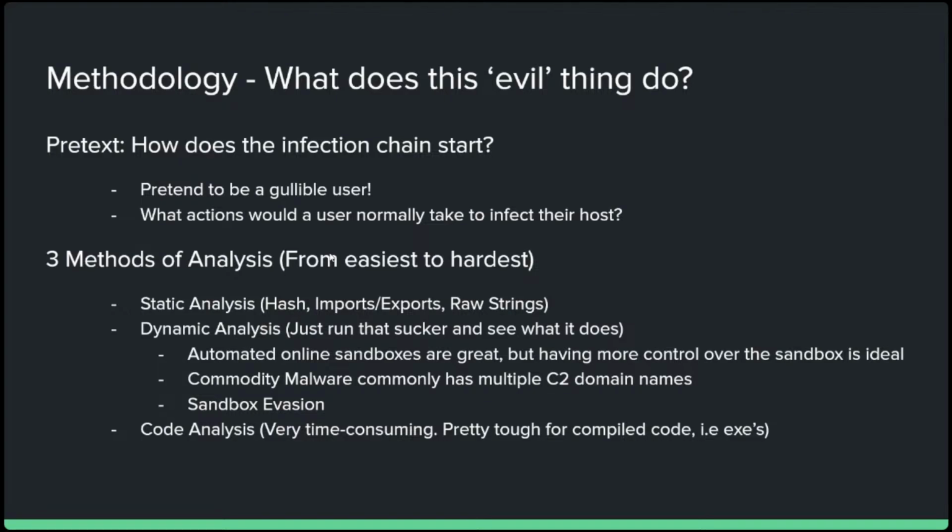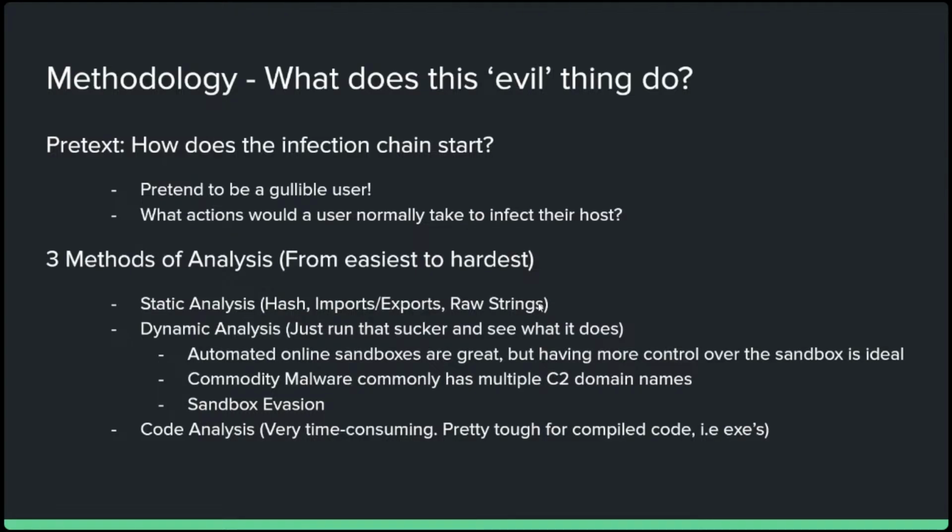When we're talking about analyzing it, there are three major methods, ordered here from easiest to hardest. The easiest is static analysis. This is something as simple as plugging it into VirusTotal or any online sandbox, where it's just looking up the hash: is it already known? We can also look at the raw strings in there.